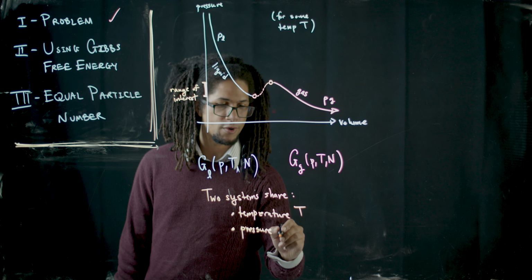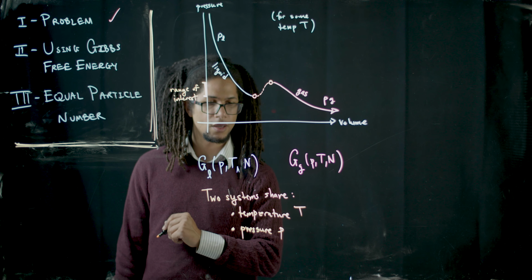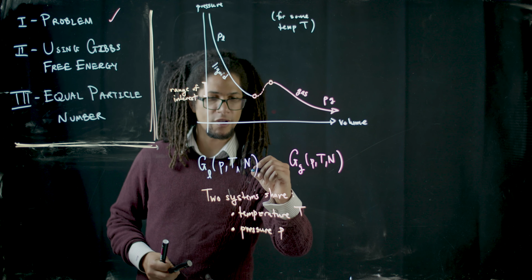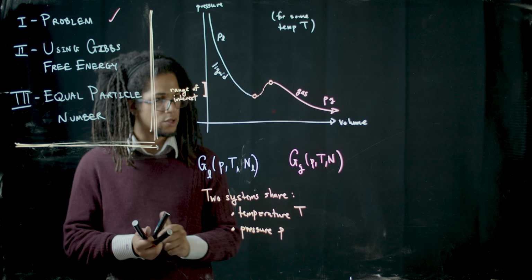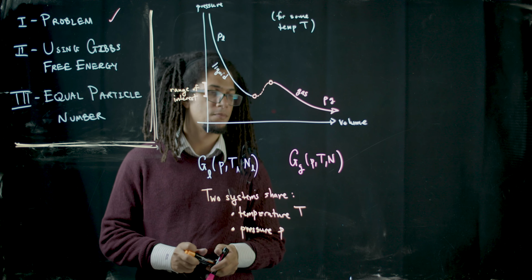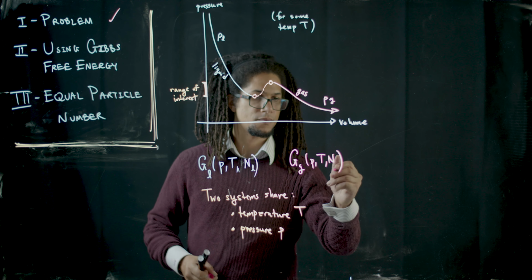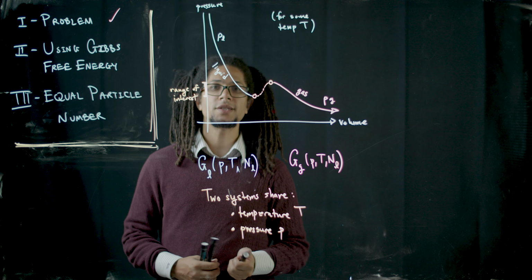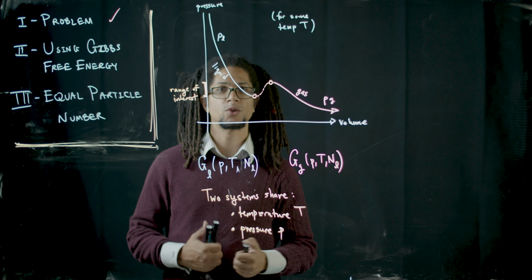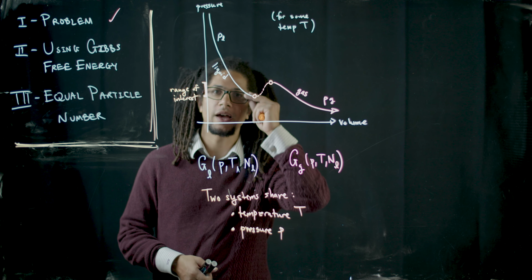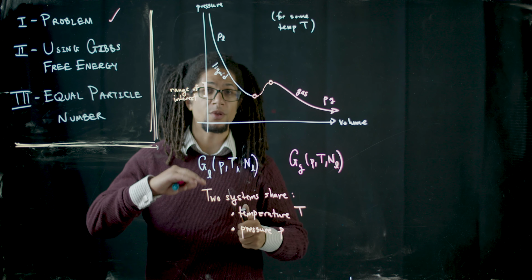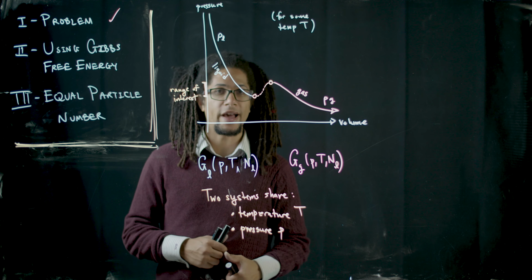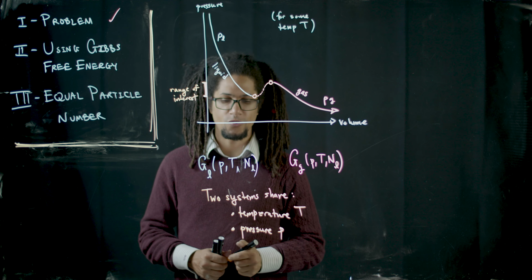So temperature T, pressure P. And this is where I should have been more specific, sorry. The particle numbers will not necessarily be the same. However, because these systems can trade particles, so if we were thinking about water or something like that, water can be kicked from the liquid water phase into the gas phase, into the steam phase, or kicked back. Particles can go between the two phases.